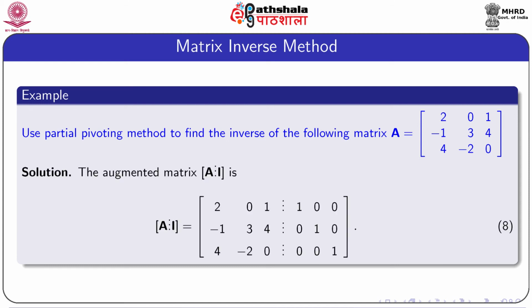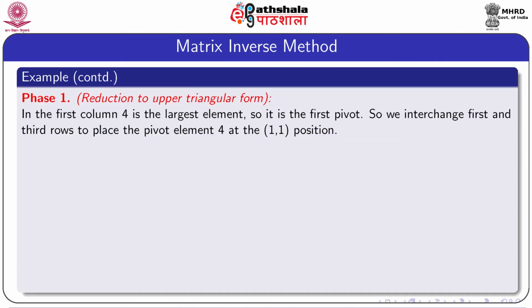The augmented matrix is this one, [A | I], where the first half is the given matrix A and the second half is the unit matrix. In phase 1, our intention is to reduce it to the upper triangular form. In the first column of the given matrix A, 4 is the largest element, so it is the first pivot element.